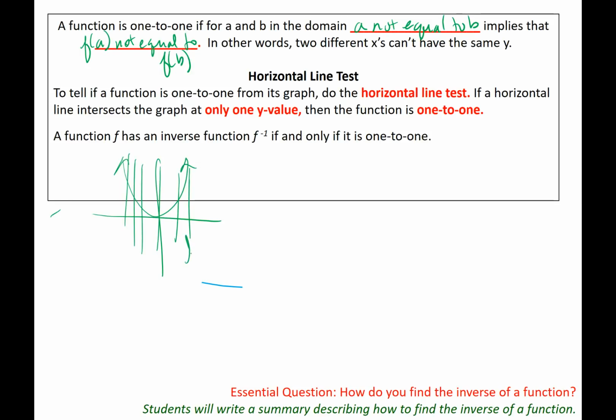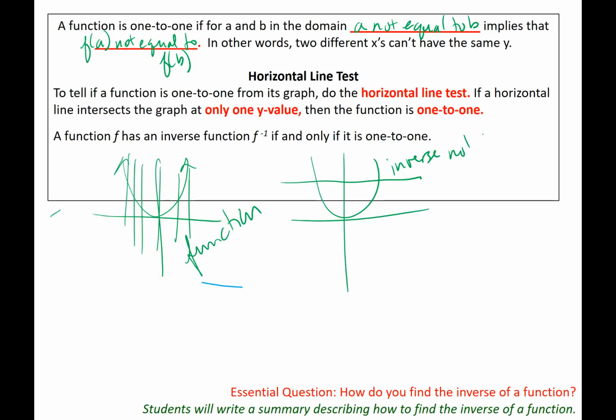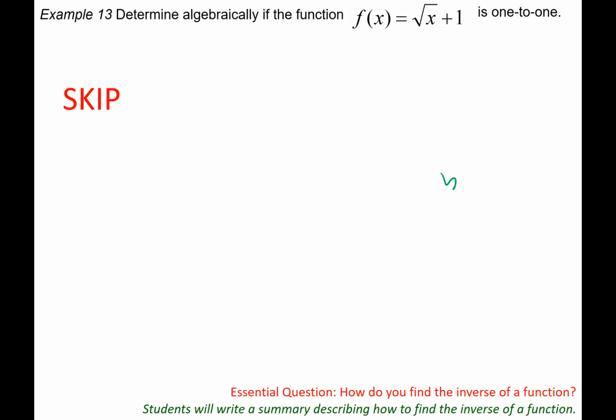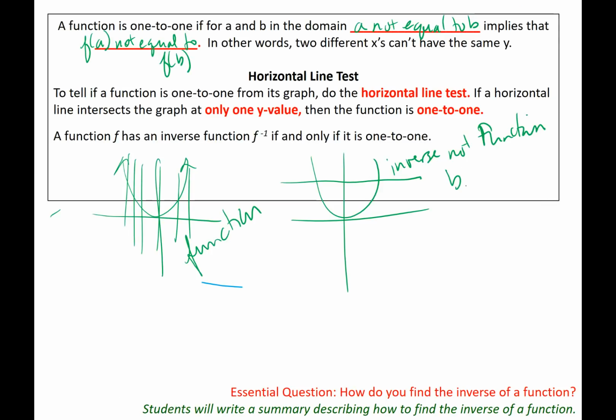So that one comes out to be a function, right? But if I did the horizontal line test on that same graph, I know that the inverse is not a function, because the original is not one-to-one, because f is not 1 to 1.